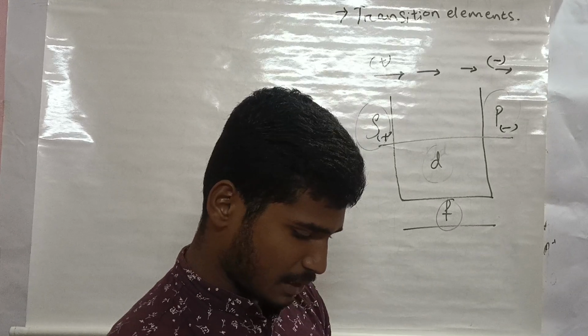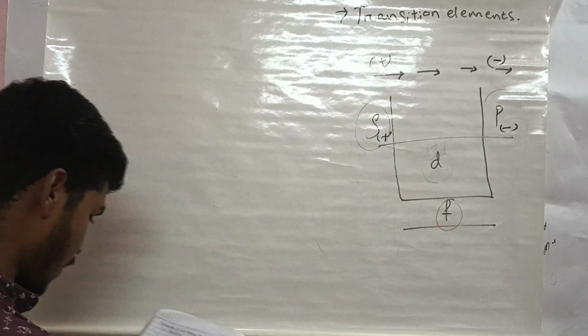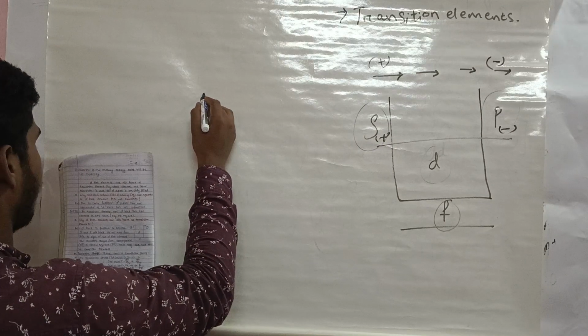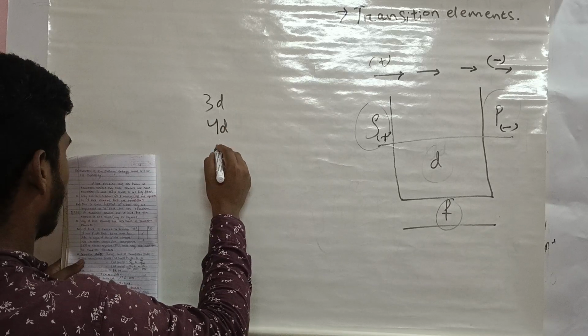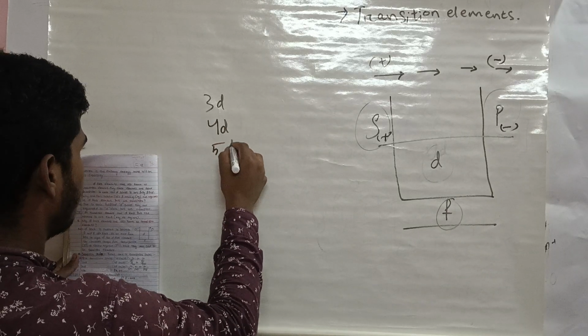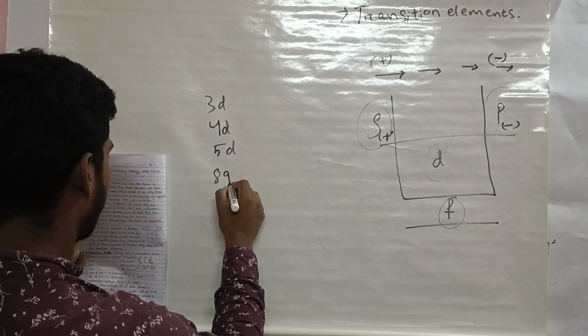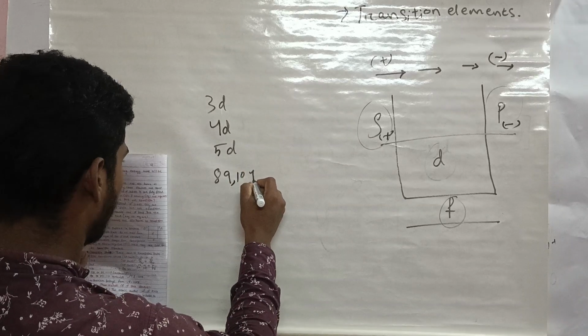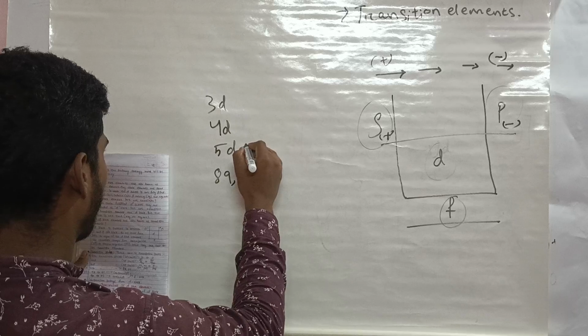Now see the transition series. There are four series. One is 3D, 4D, 5D, and another belongs from 89 to 104.